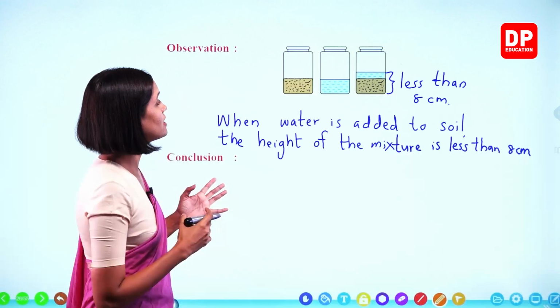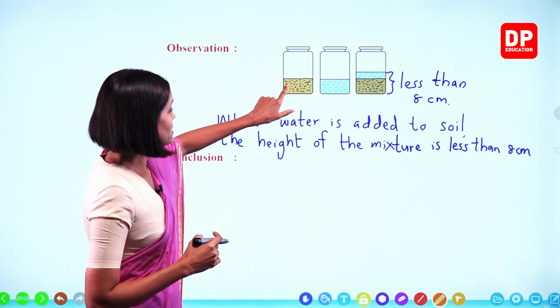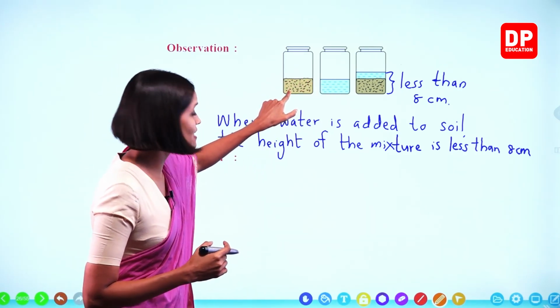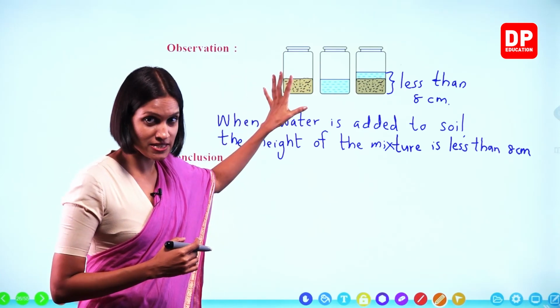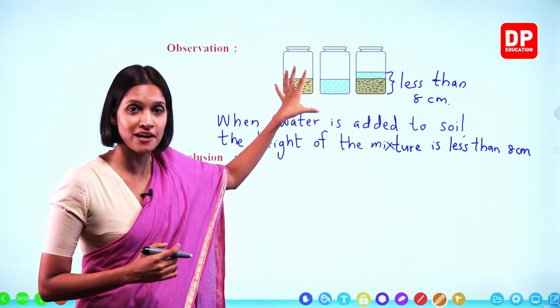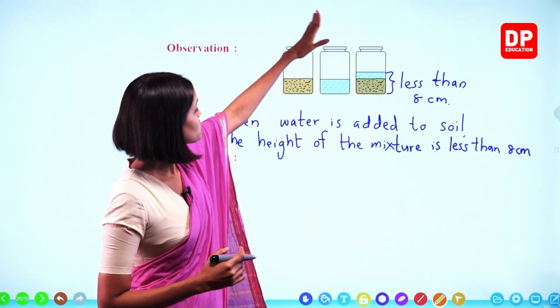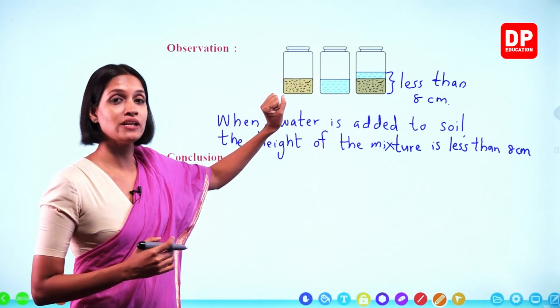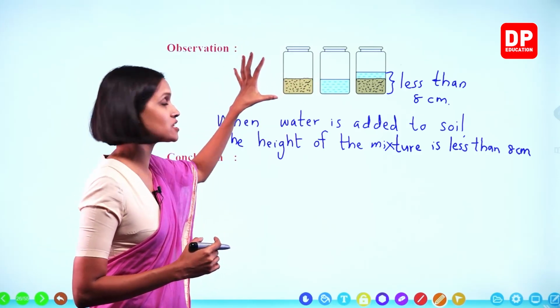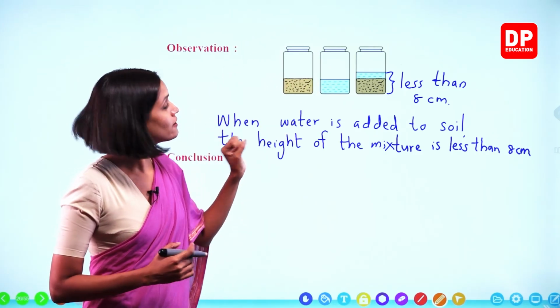What is the reason? This happens because even though we can't see in between these soil particles, there are spaces, right? In between soil particles, there are spaces and there is air. So when you pour this water onto this soil, what will happen, children? This air escapes and water occupies the spaces occupied by air, right?